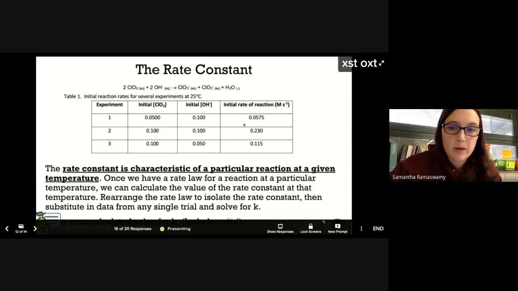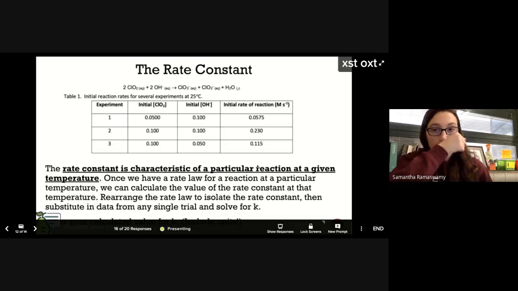Pick one of the experiments. I actually picked experiment 3. So the way that I would plug it in is I would do 0.115 molar per second equals K times 0.1 molar squared for ClO2 times 0.05 molar.